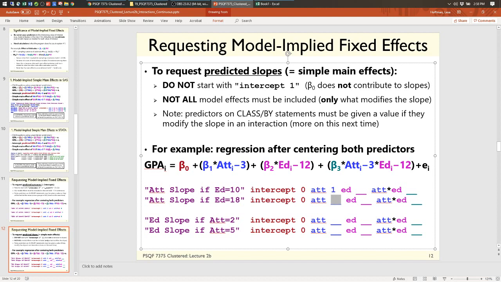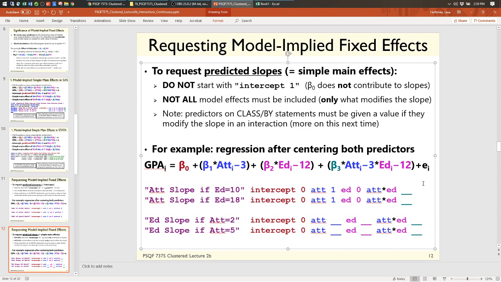I need a 1 here for that too. Education. That by itself is referring to beta 2. Do I need a beta 2 to figure out what the attitude slope is? Nope. Attitude ain't in here. I don't need it. It's 0. So I don't have to write it at all. I'm just plugging in the zeros implicit.